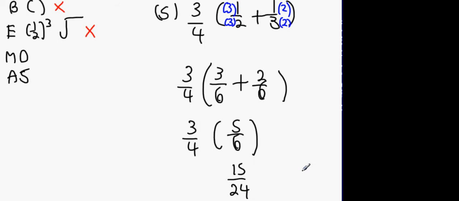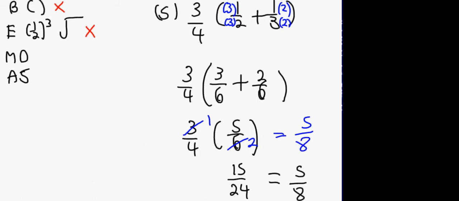However, 15 over 24 can be divided by 3, giving 5 over 8. Some people also might have done this. They might have said 3 divided by 6, 1 over 2. Then 5 over 8, exactly. 2 multiplied by 4.